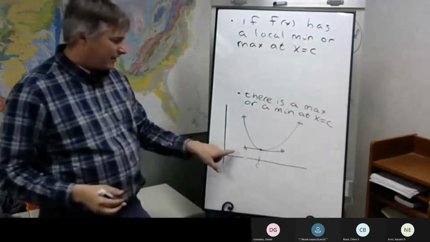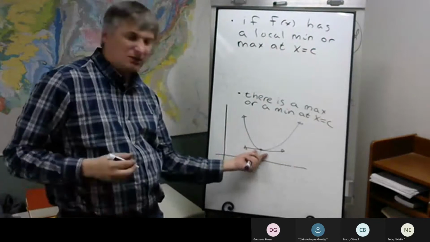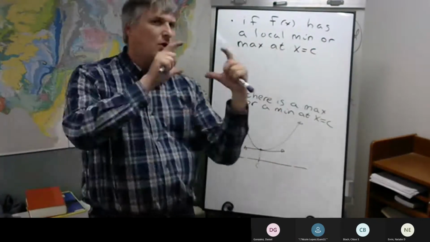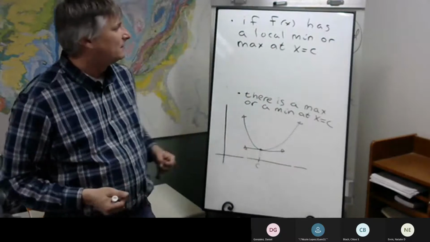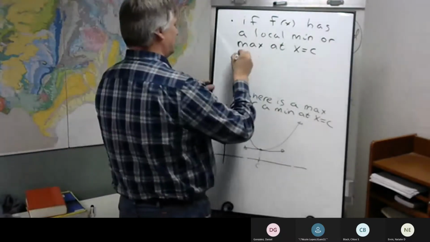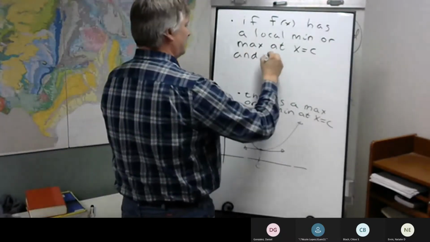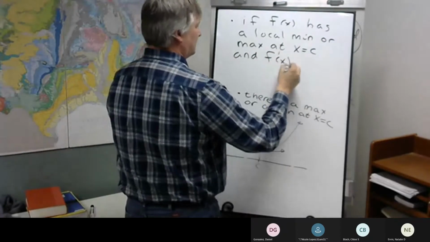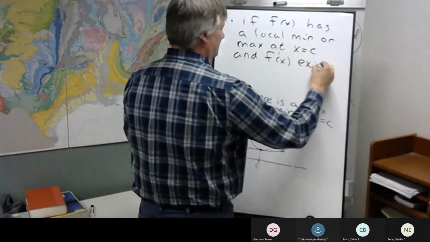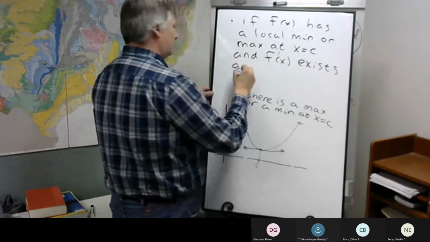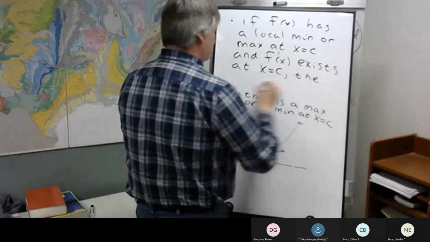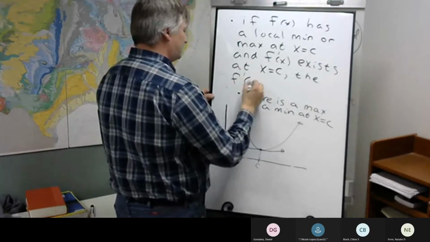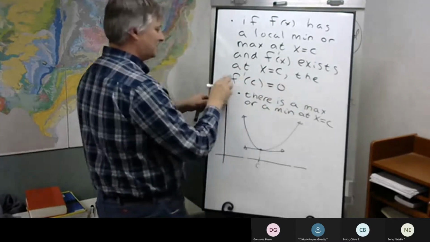So we're not worried about endpoints in this case. We just want to get close to c. So we can work with an open interval if we want. Just want to be close to c. And f prime of x exists at x equals c, then f prime of c is equal to 0.